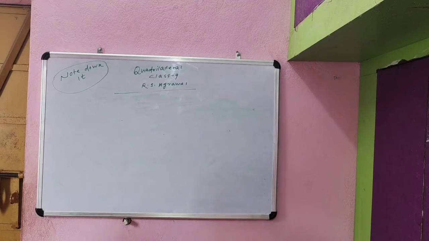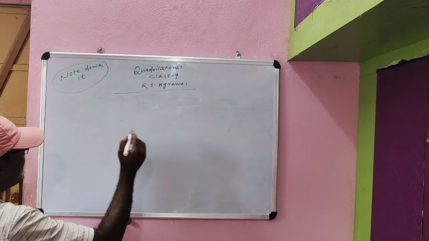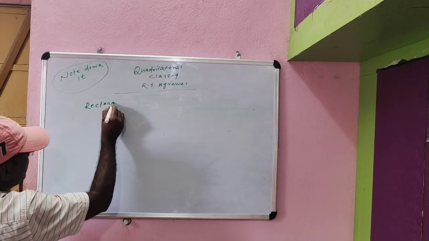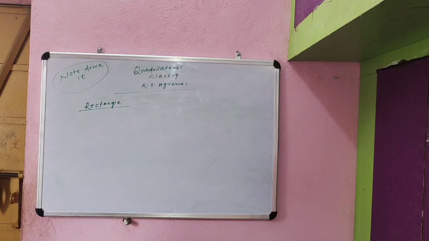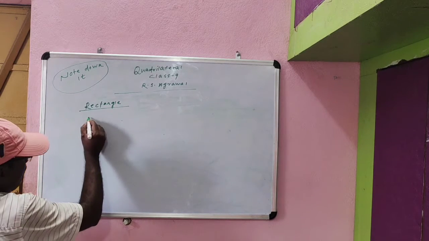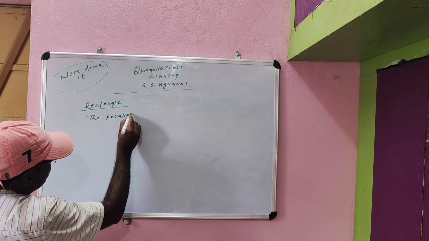Now the fourth type of quadrilateral, that is rectangle. What is rectangle? The parallelogram.